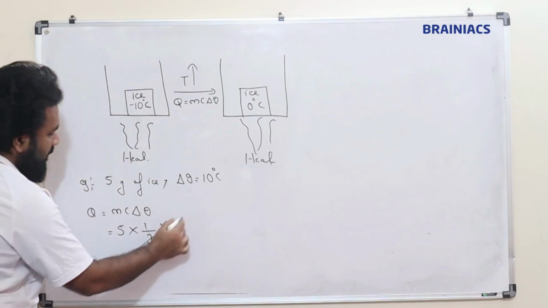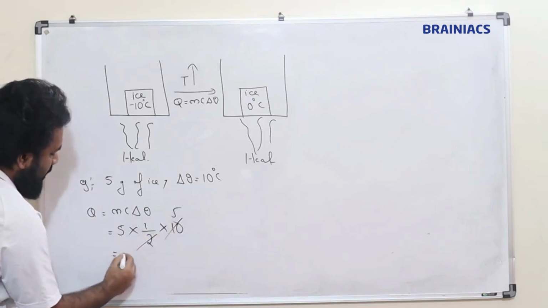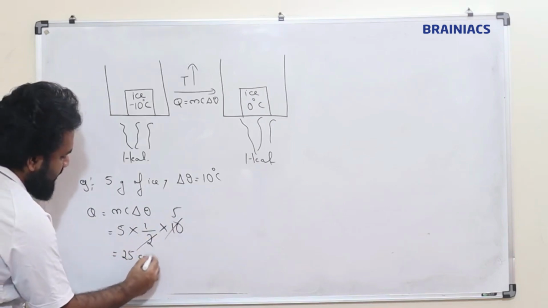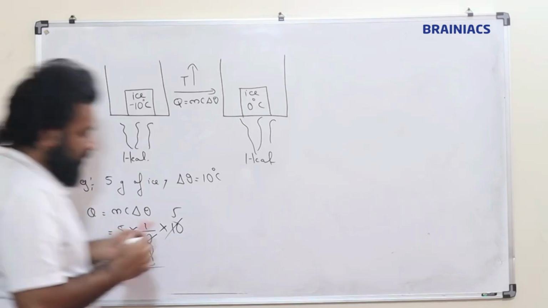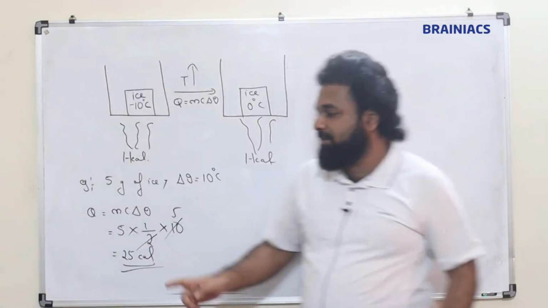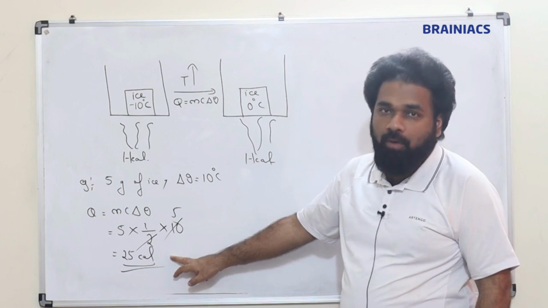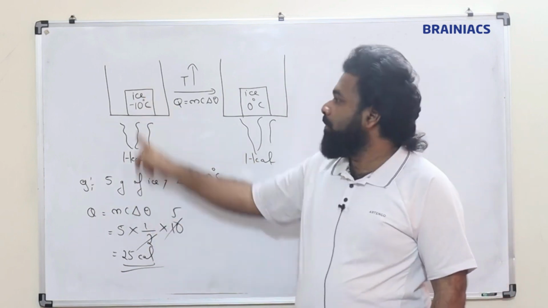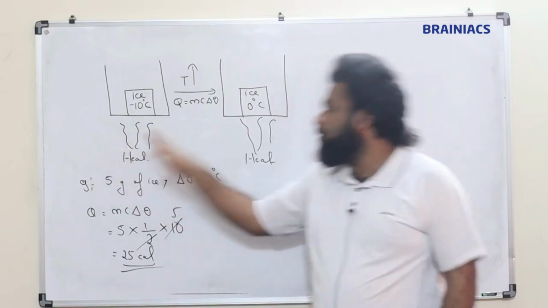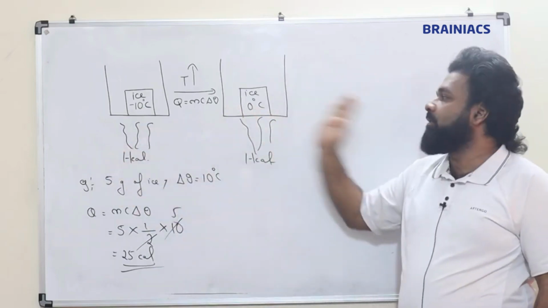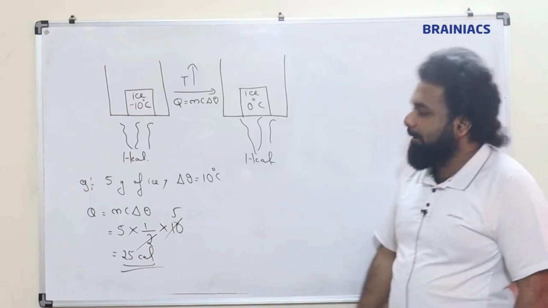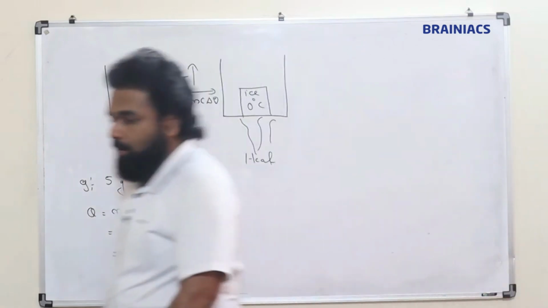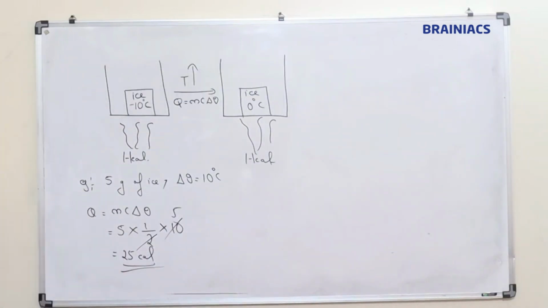So this will become 25 calories. So 25 calories heat is required to convert 5 gram of ice at minus 10 degrees Celsius into 5 gram of ice at 0 degrees Celsius. Clear? Hope you understood. So this is an example. Done? Clear? Shall I erase this?